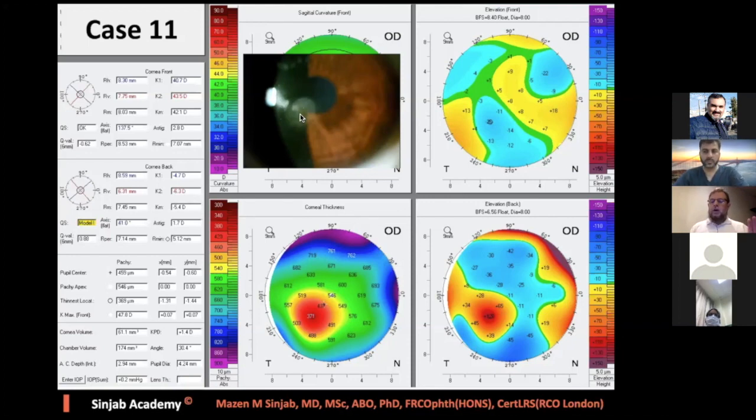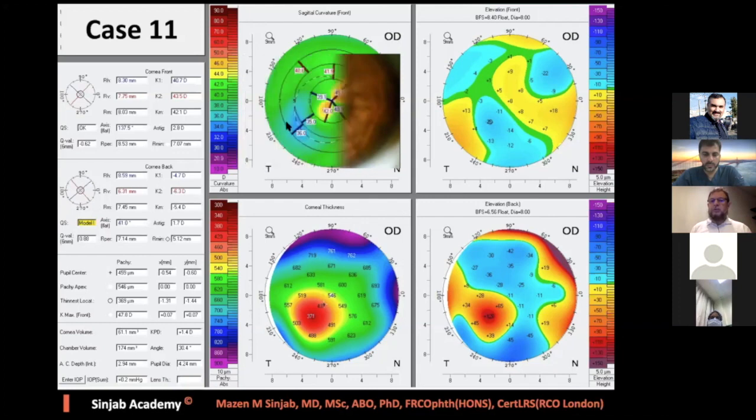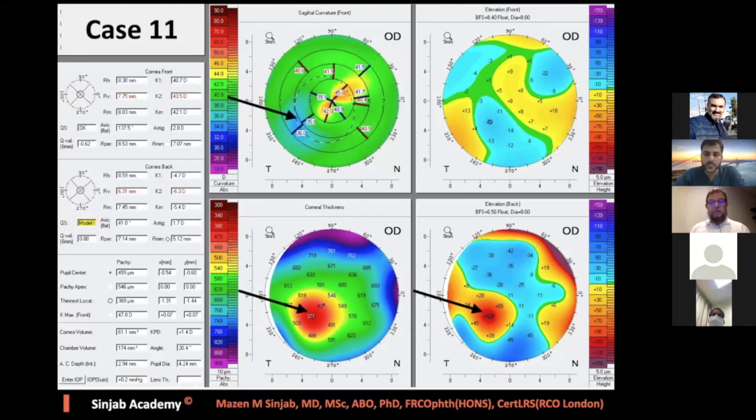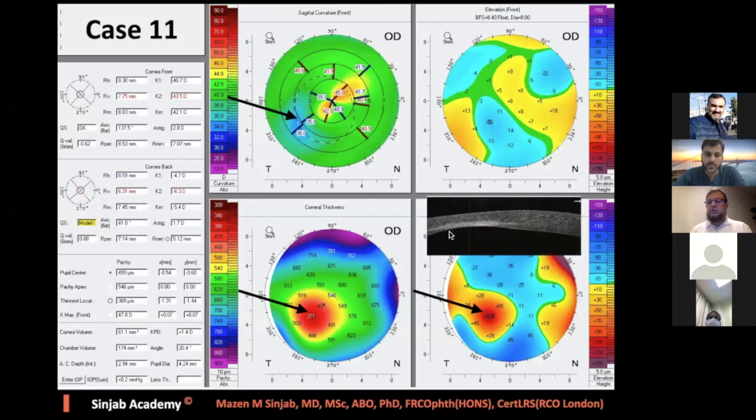Of course, there is variability in the tomographic shapes of corneal scars based on the shape of the scar itself, whether it is circular, a spot as in this case, or linear. There are different shapes. In this case, the scar corresponds to the flattening in the curvature map, and the bulging on the posterior elevation corresponds to the OCT.